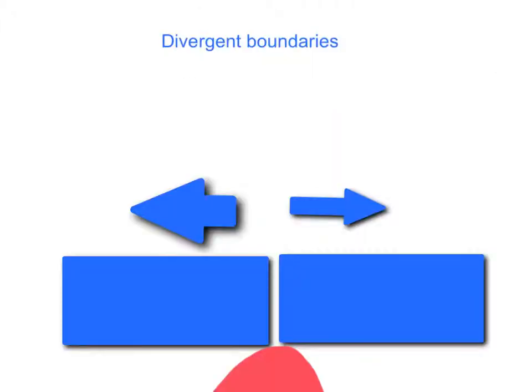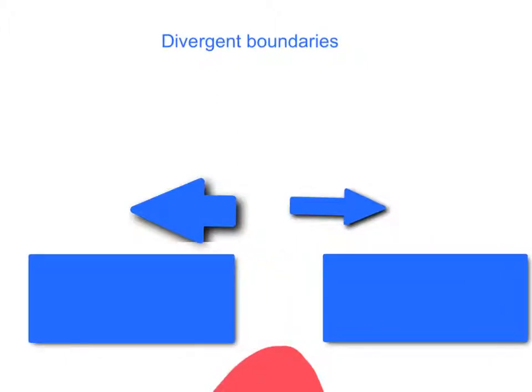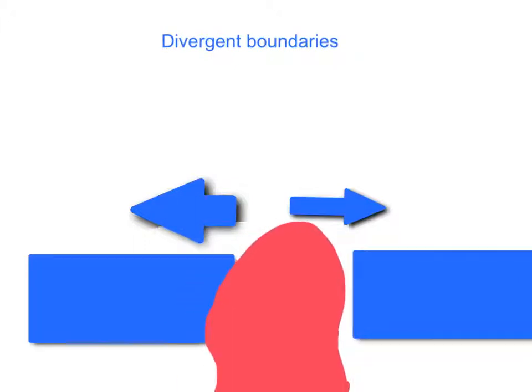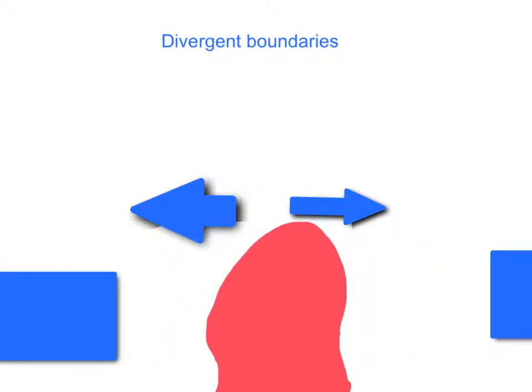Next we have a divergent boundary. Divergent boundaries occur when magma is being pushed up to the surface to spread plates apart. Now what happens is the magma starts coming up, and it starts pushing the plates apart just like this, and they go apart.